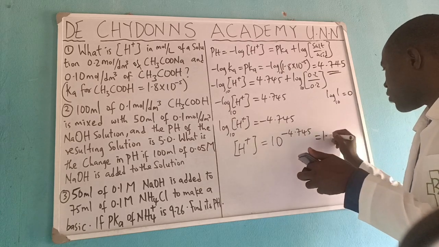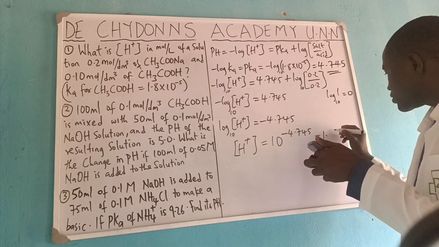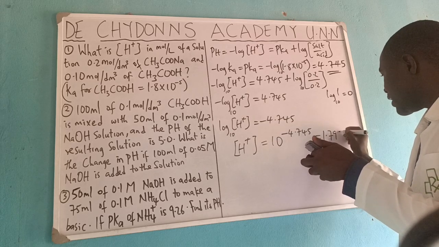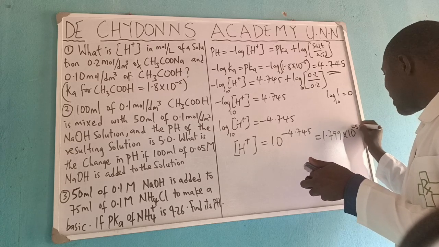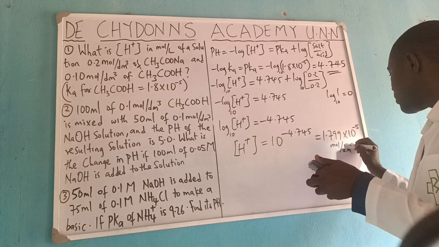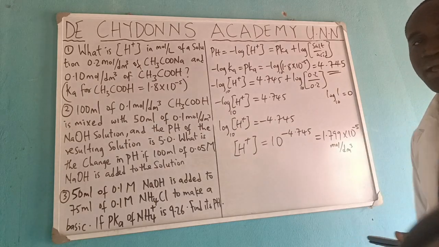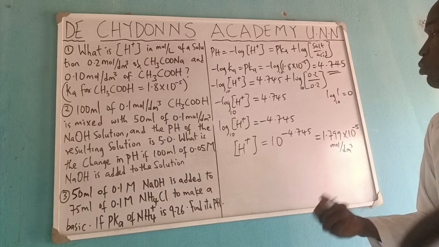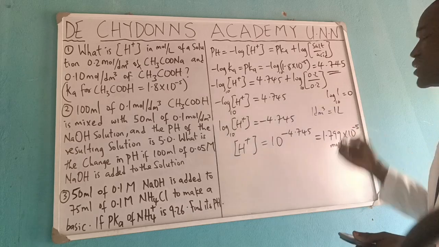The answer will now be 1.799 times 10 raised to power minus 5 mole per dm cube. And mole per dm cube means mole per liter, because 1 dm cube is equal to 1 liter.